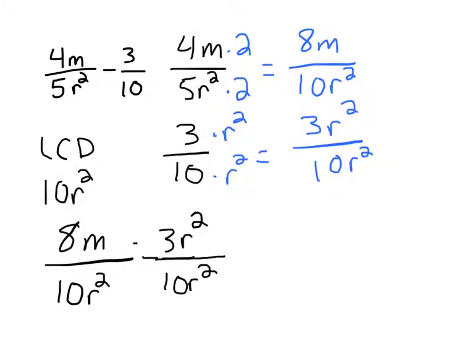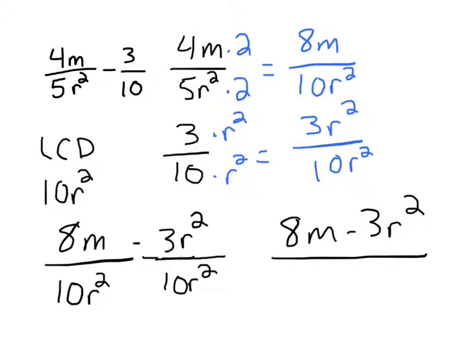Now I see that I've got the 10r squared on both of these, so I'm just going to combine the numerators. That'll give me 8m minus 3r squared, 8m minus 3r squared divided by 10r squared.